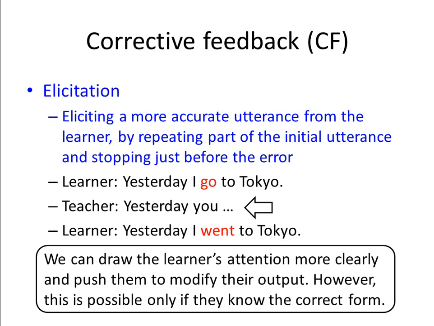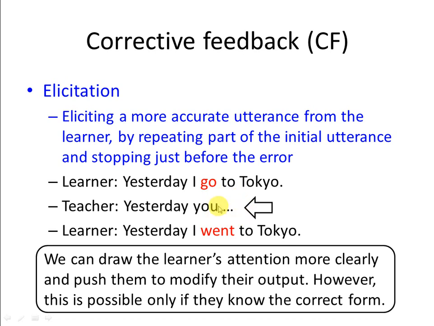And this one, this is another example of corrective feedback. This is called elicitation. Okay, what is it? It's eliciting a more accurate utterance from the learner by repeating part of the initial utterance and stopping just before the error. So if the learner says, yesterday I go to Tokyo, the teacher stops here. Yesterday you?